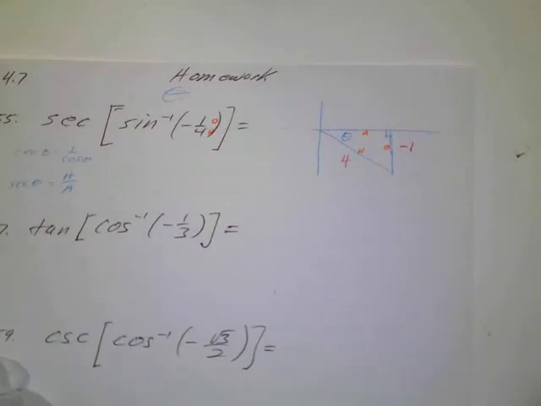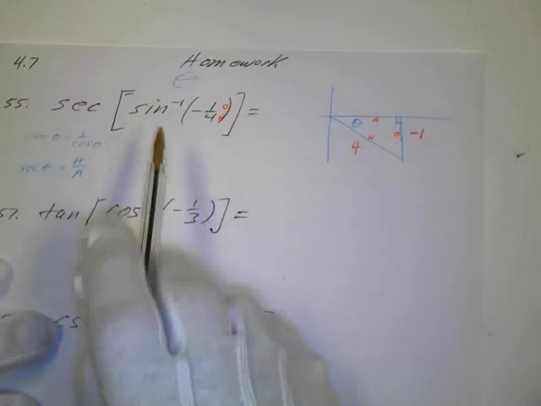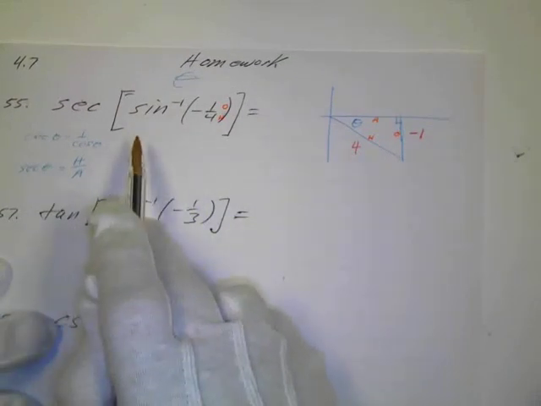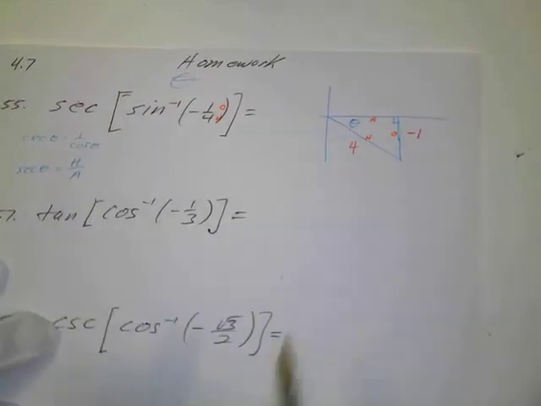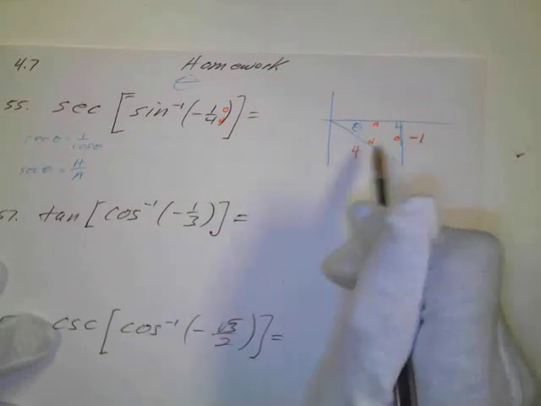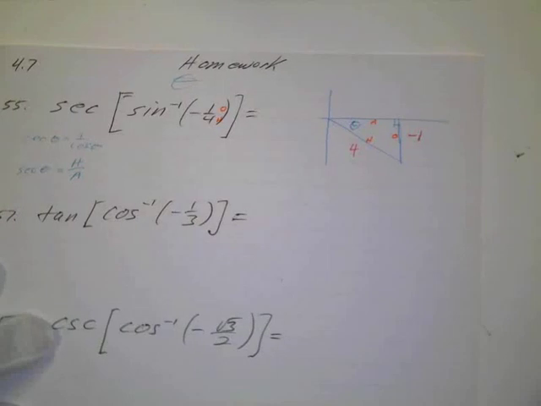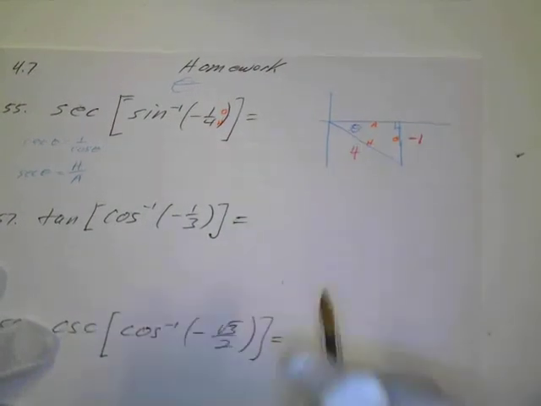Okay, so I'll write it like that. Now, if we look at theta, is theta the angle whose sine is negative 1/4? Well, if this is theta, the sine is the opposite over the hypotenuse, that's negative 1/4, so that looks okay. So this is a good go for theta.